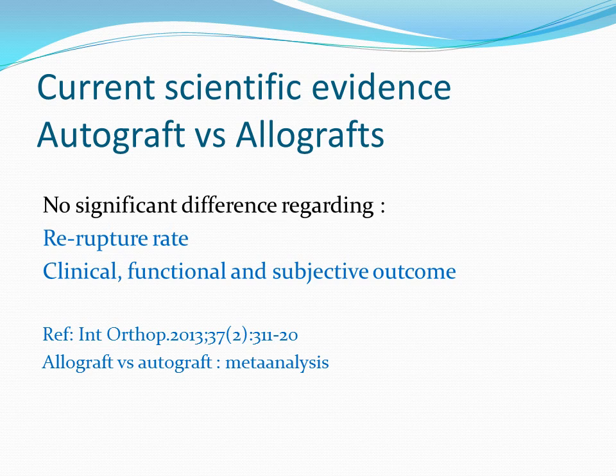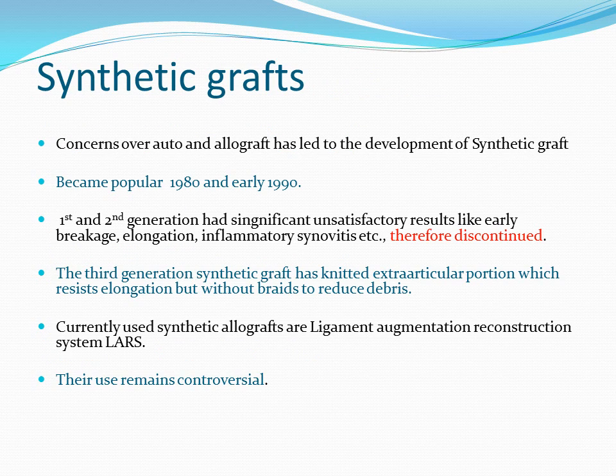Let us see a few things about synthetic grafts. Concerns over auto and allografts have led to the development of synthetic grafts. They became quite popular in the 1980s and early 90s. First and second generation had significant unsatisfactory results like early breakage, elongation, inflammatory synovitis, etc. Therefore, they were discontinued.